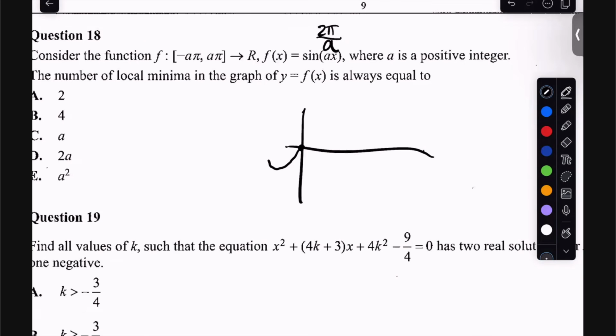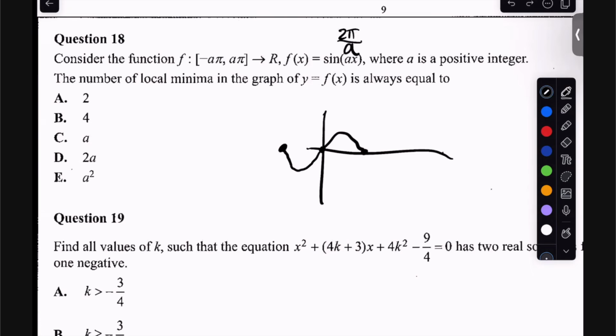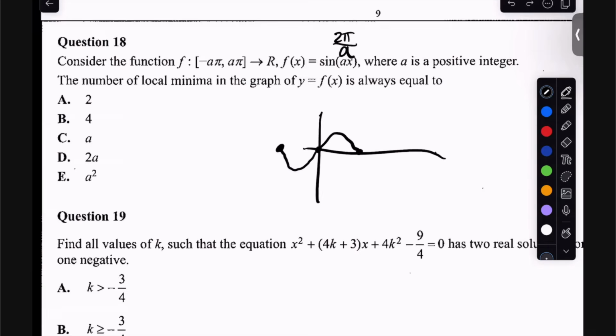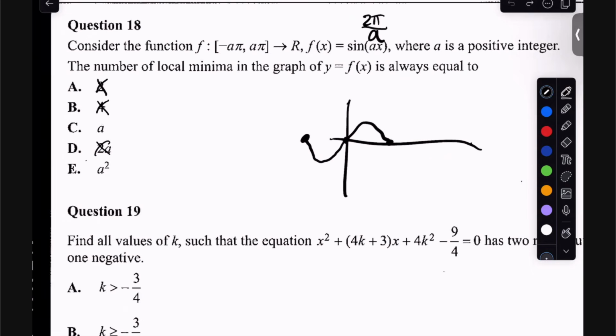So that's going to look like that and that. So we still have just one minimum from negative 1 to 1, and that's A equal to 1. So just by looking at A as 1, we know that it's not always 4, and it's not always 2 times something because it can just be 1. So it's either A or A squared, because they both give us 1.